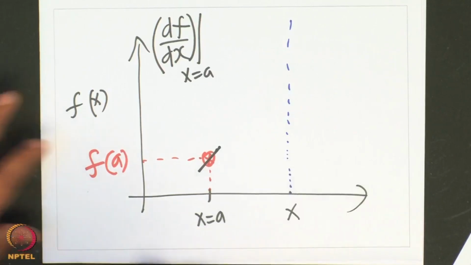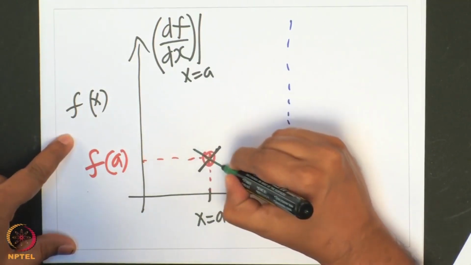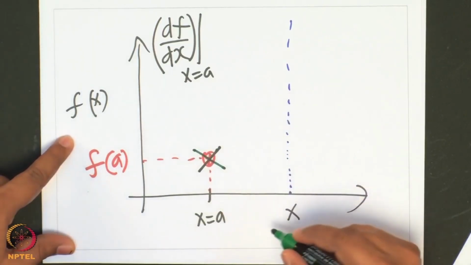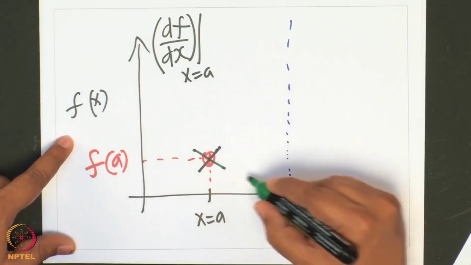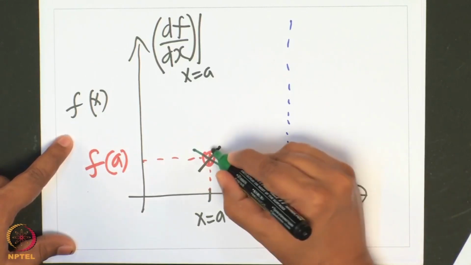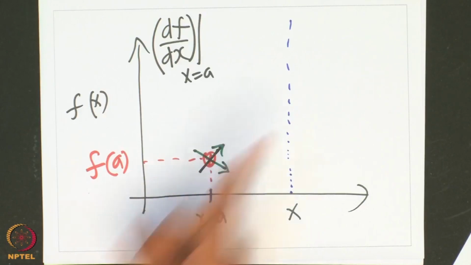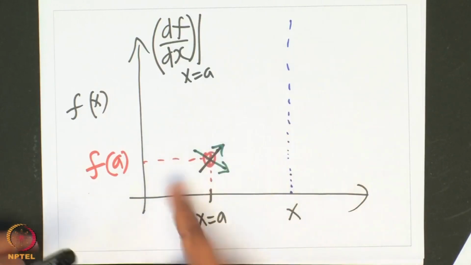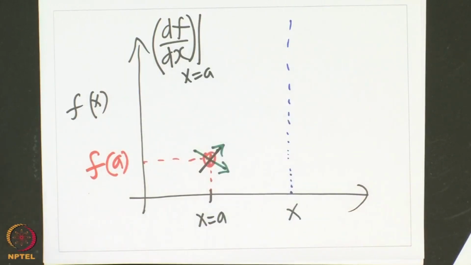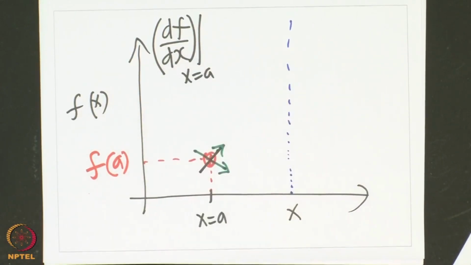If df by dx is negative, then the local slope is going to be like this, so the function is going to decrease. The local slope first of all gives you the direction, whether it is going to go up or down, and therefore this is a very useful quantity. I hope you understand this.